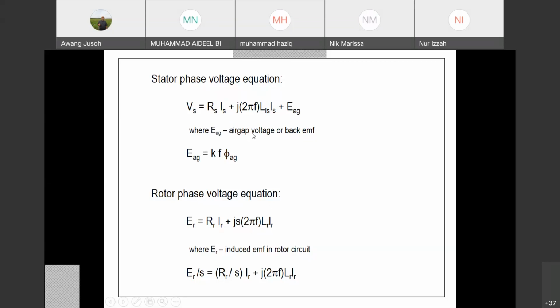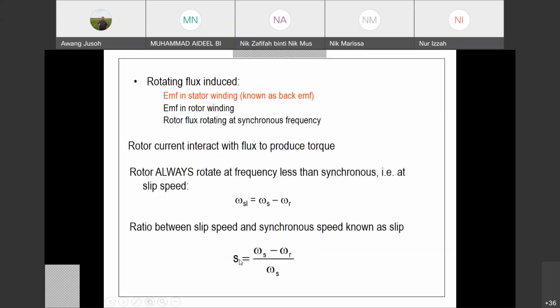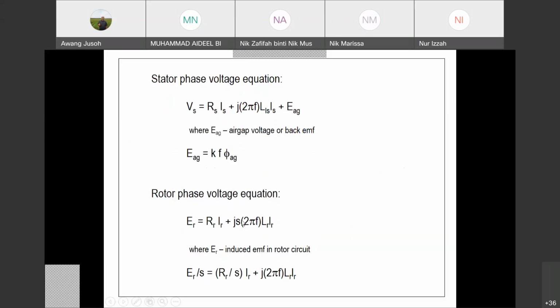You know that when you have the stator current, you have a frequency there, right? That one you call F1. And in the rotor side, we have F2, the rotor frequency, where the relationship between F2 and F1 is F2 equal to S multiplied by F1. S is the slip. And that's why you have S there.